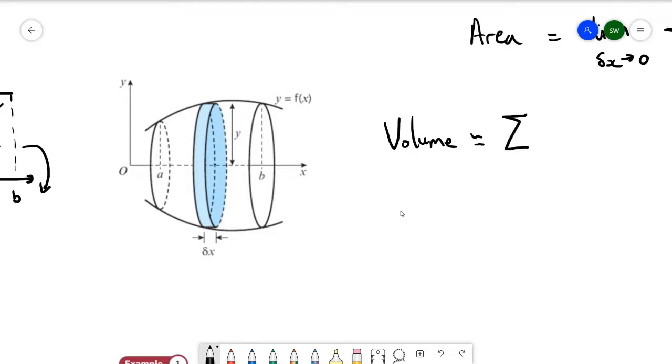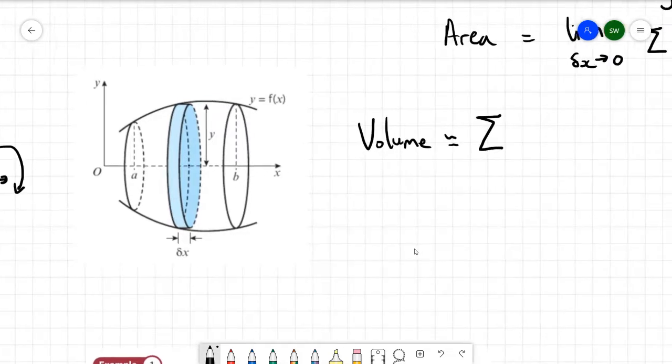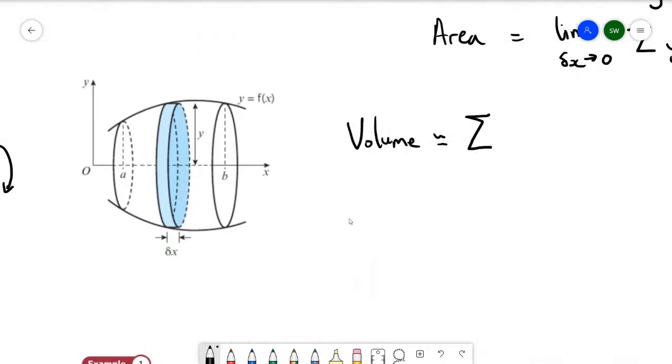The formula for the volume of a cylinder is pi times radius squared times the height. The radius of each cylinder is going to be the y-coordinate at each value of x. So we're just going to write y squared.